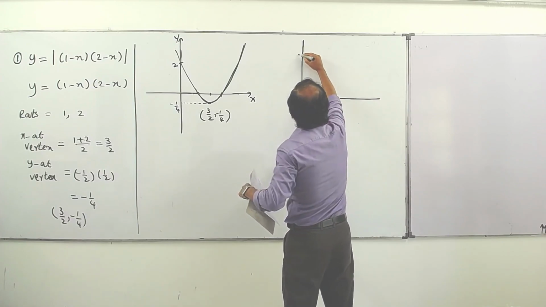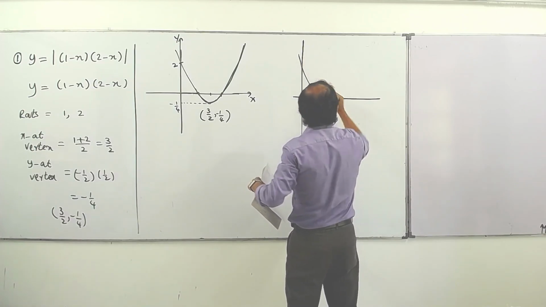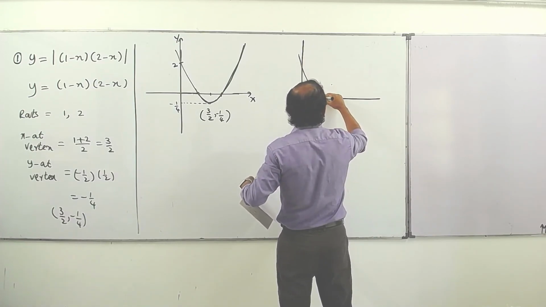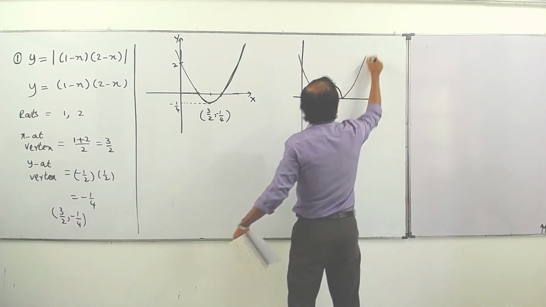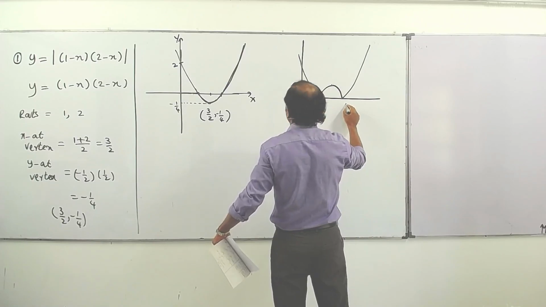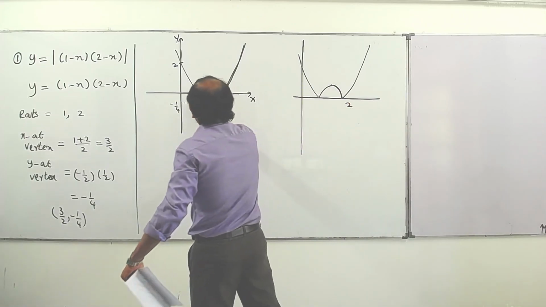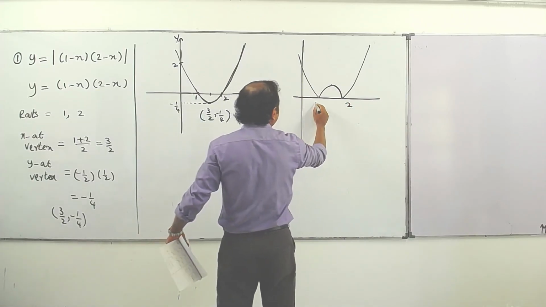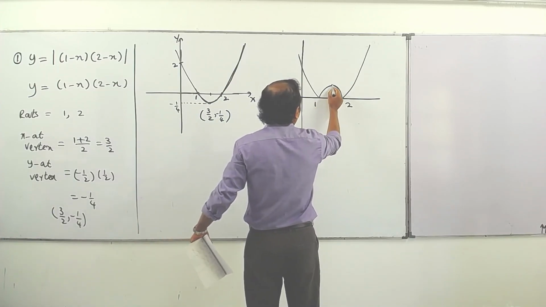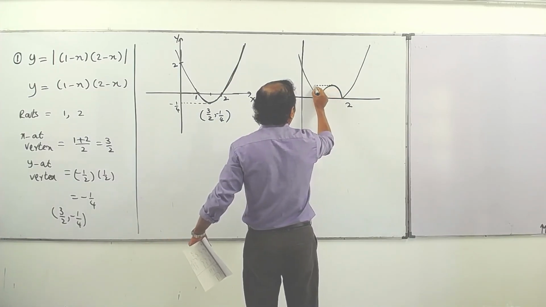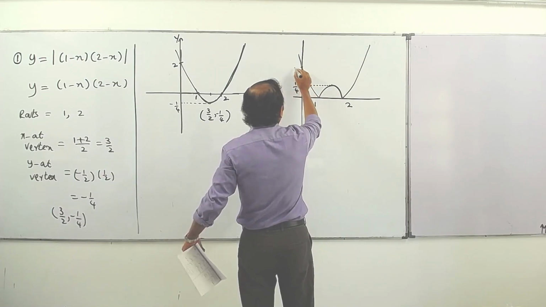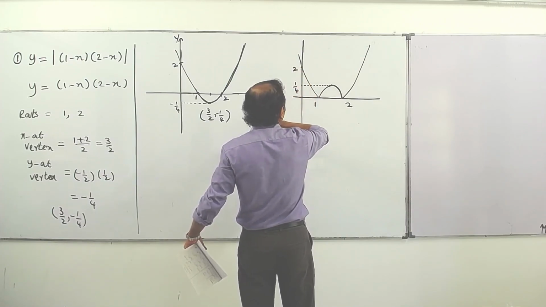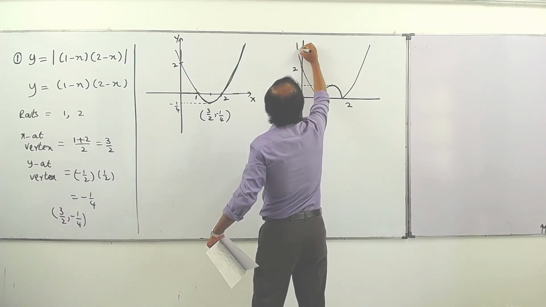This way we get it. This is 1, this is 2. Then this is going to be plus 1 over 4. This point is 2. This is the modulus graph.